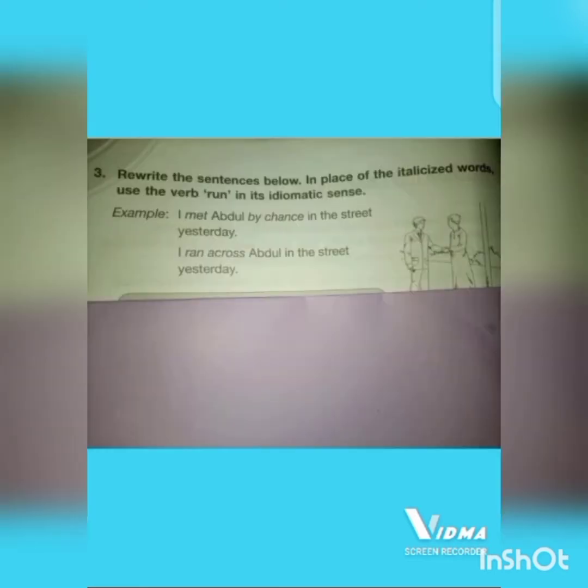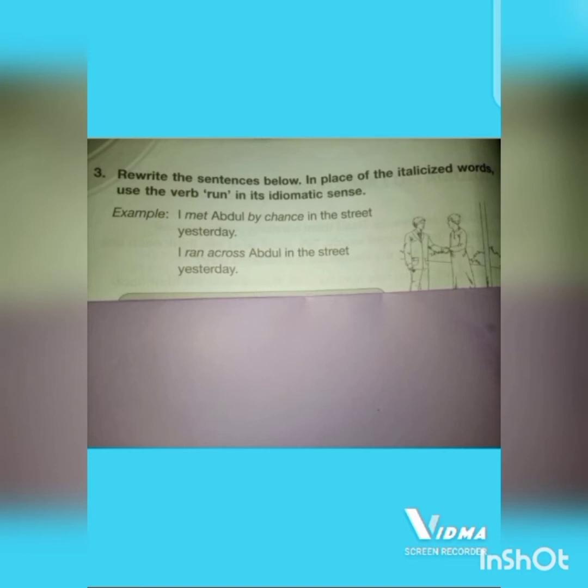The question related to idiomatic language or idioms in Workbook 6 is: rewrite the sentences below in place of italicized words. Use the verb run in its idiomatic sense. We have to rewrite the sentences below, using the verb run idiomatically in place of the italicized words.